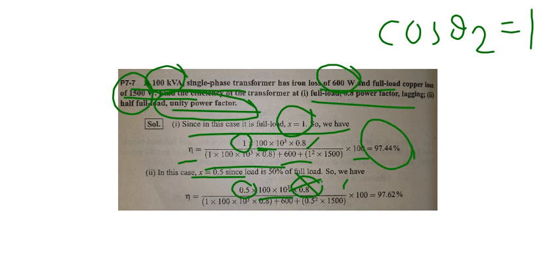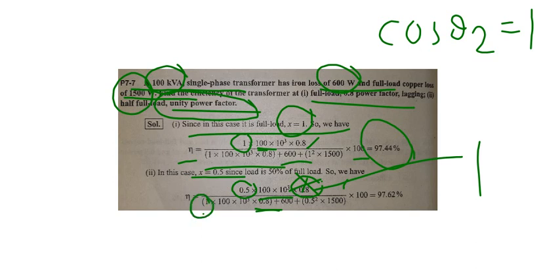They have mistakenly taken it as 0.8. Please remove this and make the substitution accordingly. In the second case also, had the power factor been given as 0.8, then this would have been appropriate. But now power factor is 1, so 0.8 here should be replaced by 1.